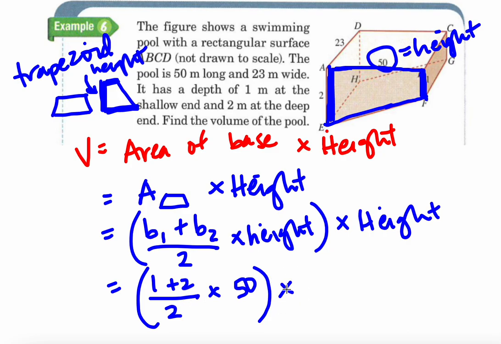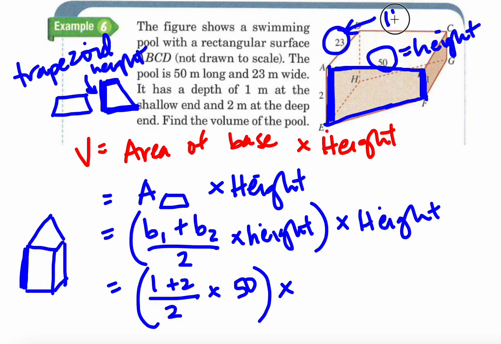And then we still have to multiply by the height of the entire prism. So remember, this prism, I hope I can draw this correctly, is sideways right now. But if we were to put it upright, it would be this number right here, which is this 23. So this 23 right here is the big capital H height.